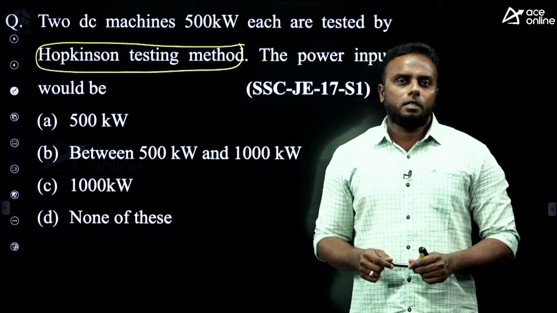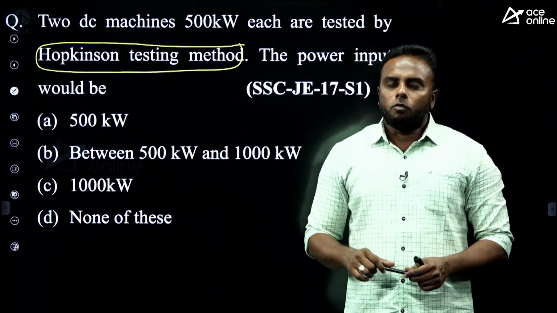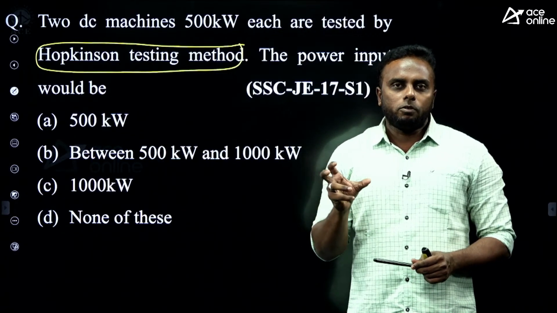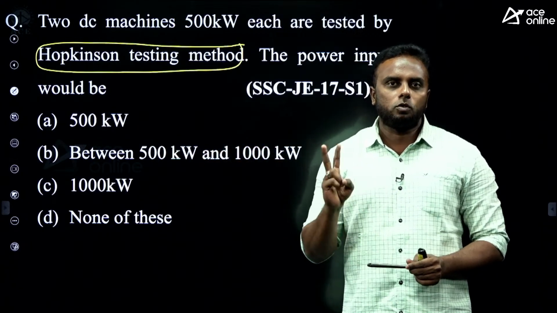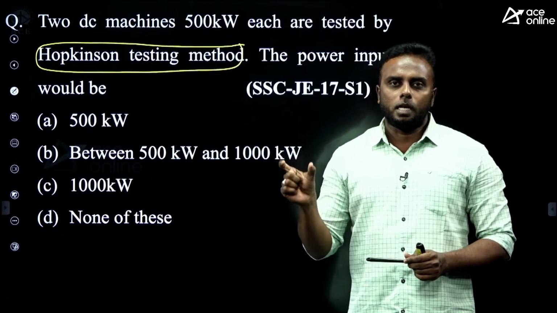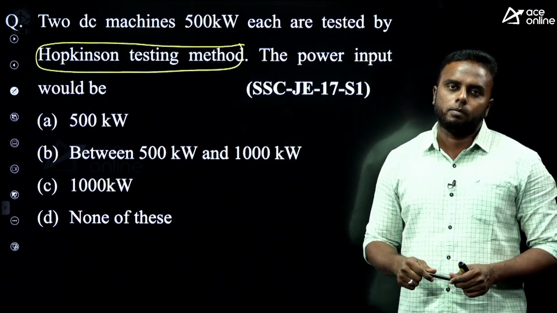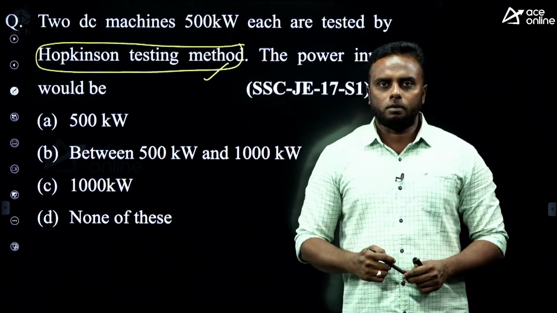So in the Hopkinson test, with proper procedure, we can get a regenerative action. Once regenerative action starts, the power taken from the source is reduced. Out of the 2 machines, one behaves as a motor and the other as a generator. As it is a regenerative test, it won't consume so much power.